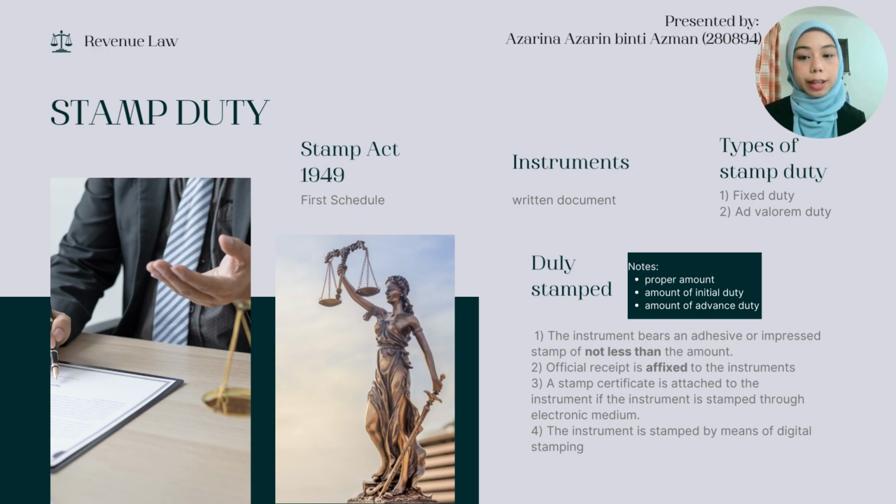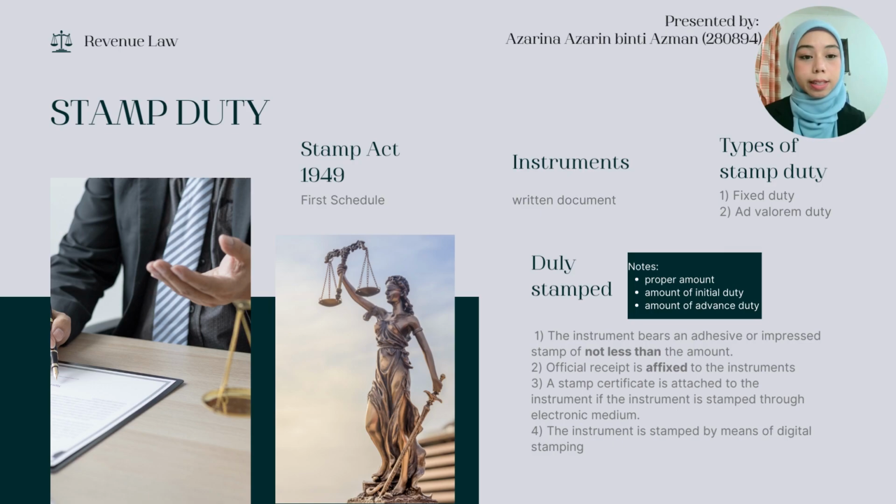As I mentioned earlier, stamp duty is levied on instruments specified in the first schedule of Stamp Act 1949. So the instruments must be duly stamped. What is duly stamped? The word duly is basically something in accordance with what is required or appropriate.